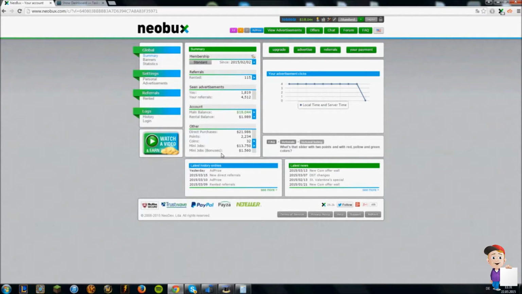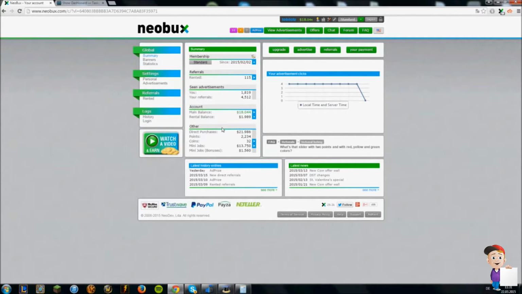Of course, 60 cents for 20 minutes a day is also not much, but in my opinion it's worth it. 20 minutes is not much time, and the amount of money adds up. It is also good for beginners on NeoBux. With mini jobs you can get your first money to rent referrals, and you don't have to view ads for like 20 days to even buy the first referral pack. So do mini jobs when you start at NeoBux.